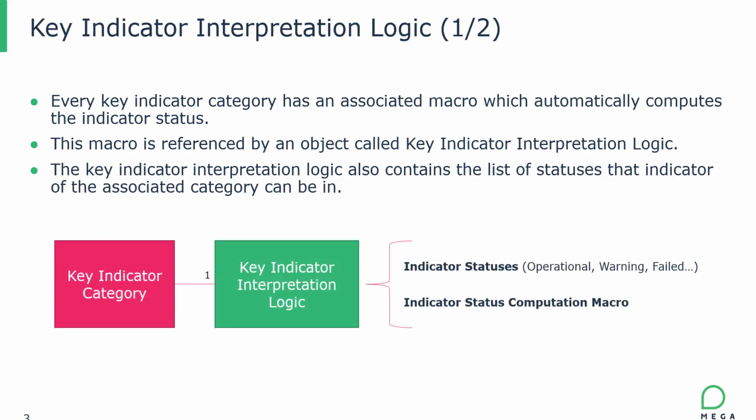To understand this graphically, as we can see on the slide, every key indicator category is associated to one single key indicator interpretation logic, which contains a list of indicator statuses and the indicator status computation macro.